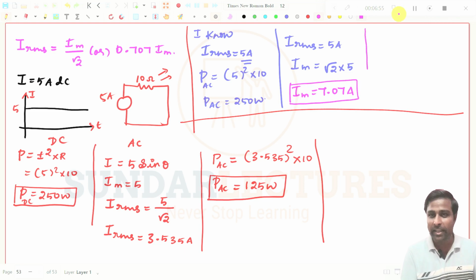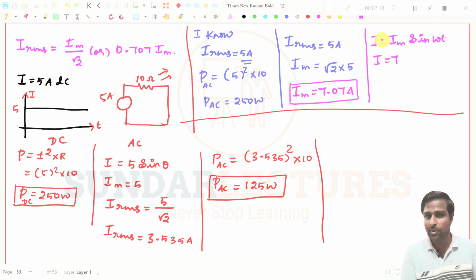Now I can write the I expression. I should be equal to IM sine omega t, or it may be theta. So I should be equal to 7.07 sine omega t.